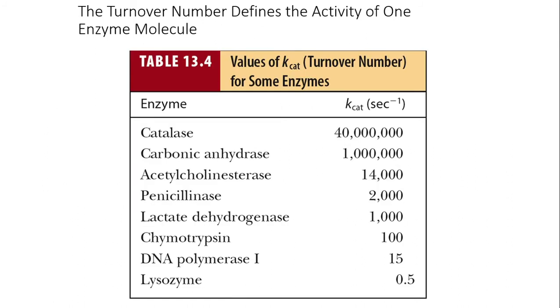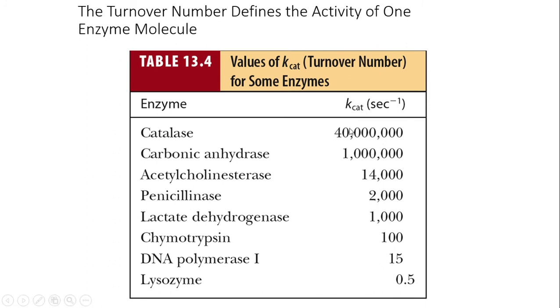So here's a table that gives some turnover numbers with respect to enzyme activity. Catalase, and this might be the enzyme that I asked you to look up, haven't decided yet. Oh, and the other thing I want to point out, this k, remember, it's a rate constant, first order, 1 over s. Okay. Catalase, 40 million.